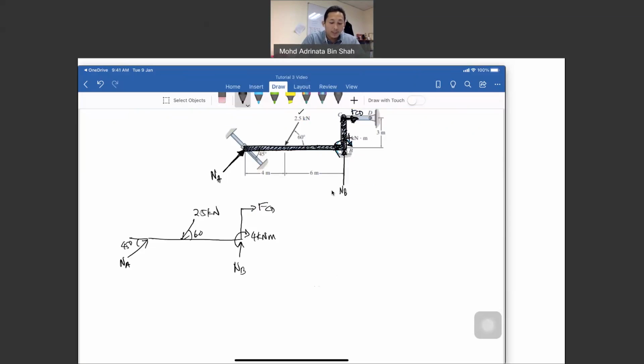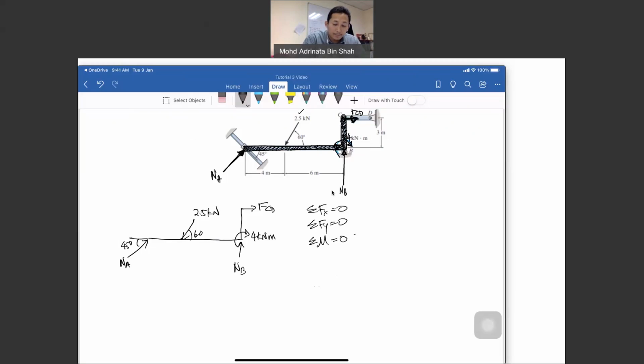From this, our body is in equilibrium, so we need to solve sigma Fx equals to 0, Fy equals to 0, and moment equals to 0.